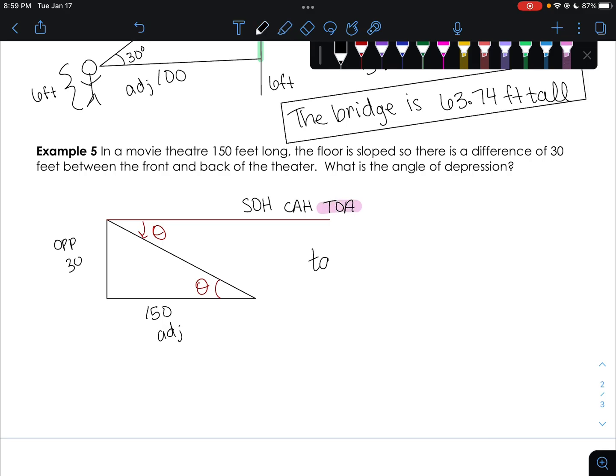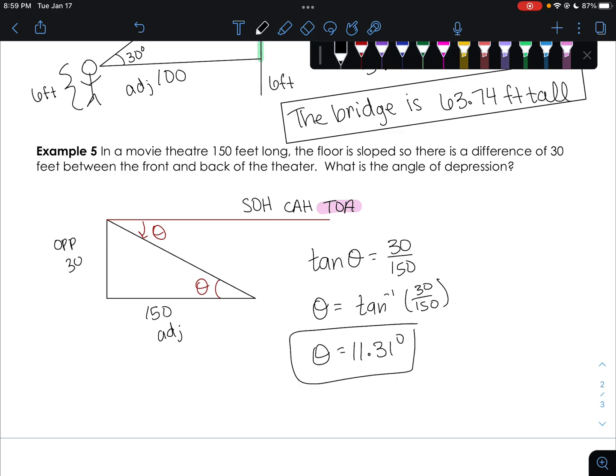So I have tangent of theta equal to opposite over adjacent. And then this is where I use trig inverse, which would be tan with the -1 of 30 over 150. I typed that into the calculator. You type it in, make sure we get the same thing. You should get 11.31 degrees.